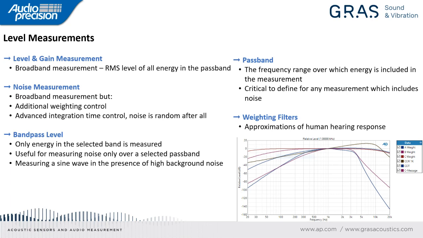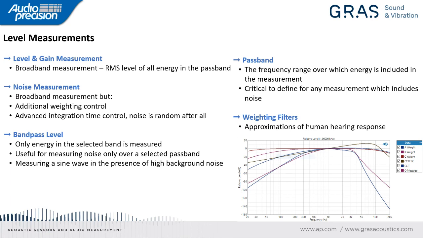And then maybe we don't want to measure all the energy in the passband of the analyzer. Maybe we want to measure only the energy at a specific frequency point or over a specific frequency span. So we have a bandpass level measurement.